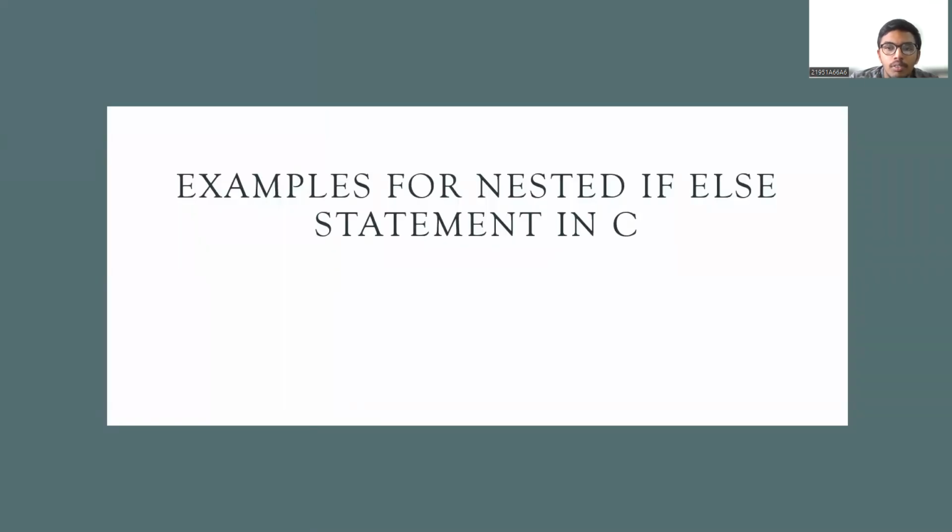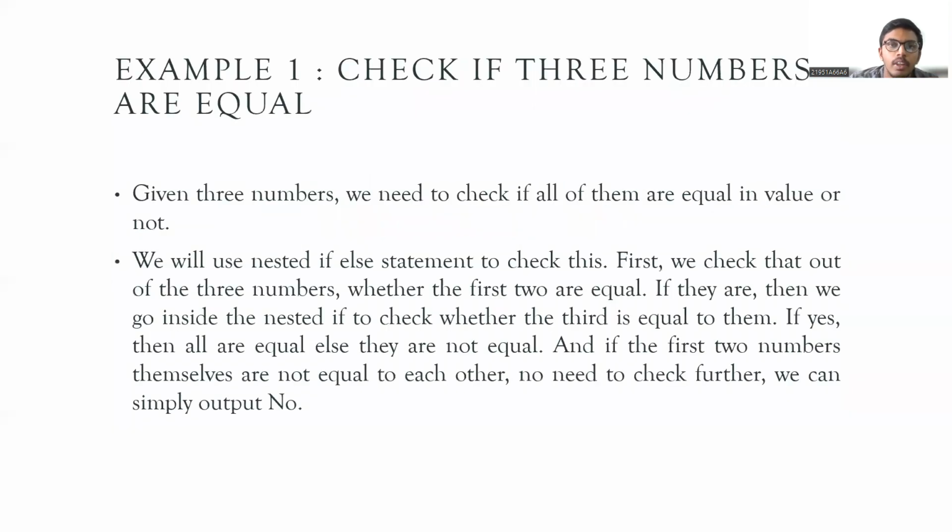Examples for nested if else statement in C. Example 1: check if three numbers are equal. Given three numbers, we need to check if all of them are equal in value or not. We will use nested if else to check this.